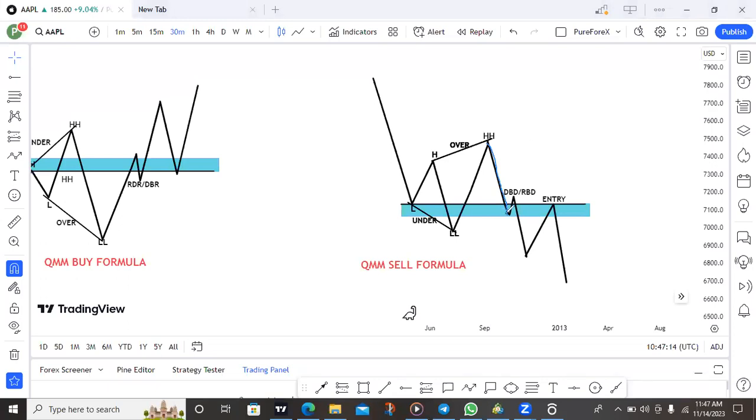But in this case, price triggers our pending order but fails to respect our Quasimodo reversal. Instead, price leaves a drop-based drop and then breaches this Quasimodo reversal. So that is why we say a Quasimodo manipulation happens after a QM arrow has been broken by price. So in this case, price broke this QM arrow.